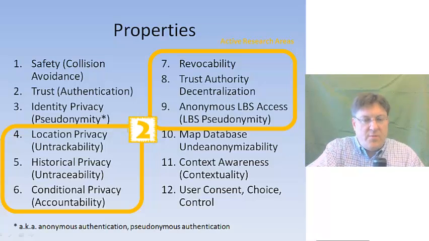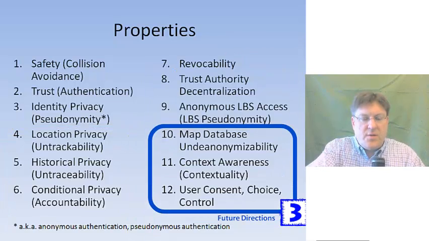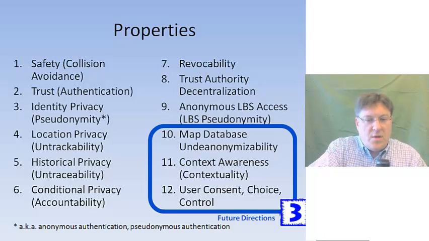These are areas that have been studied. There are papers published on them, but nothing has been decided. And then the third area is future directions: map database de-anonymizability, how to prevent others from being able to de-anonymize the data, whether or not they have privacy protections; context awareness, and user consent, choice, and control. These are very new or future directions for vehicle privacy research.